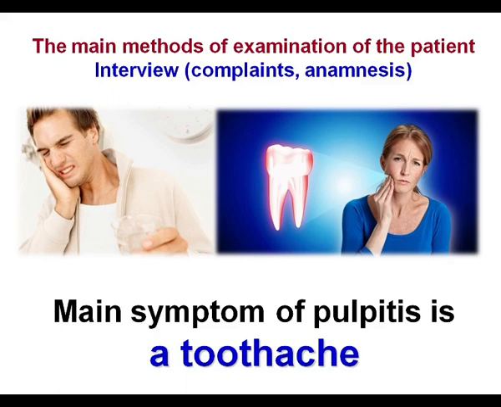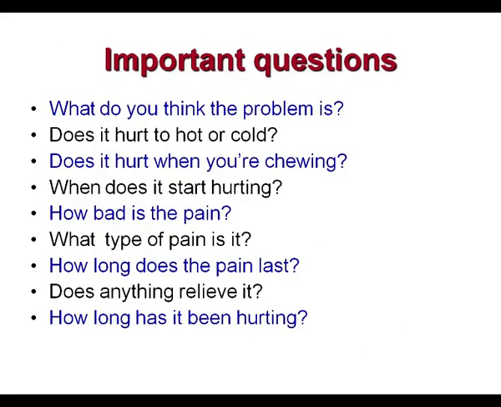The main symptom of pulpitis is a toothache, or pain, and when we start gathering complaints and anamnesis, we find out this main symptom, pain, and we start asking the patient some additional questions. For example, what the problem is, does it hurt to cold or hot, when chewing, when it starts, and so on.